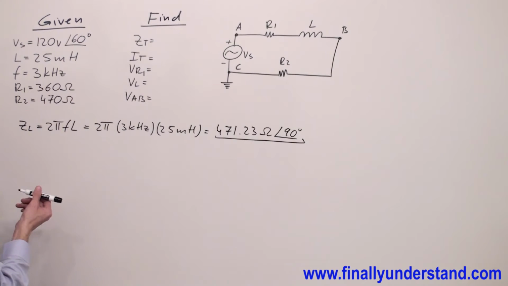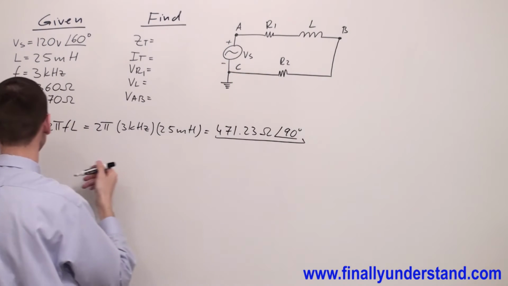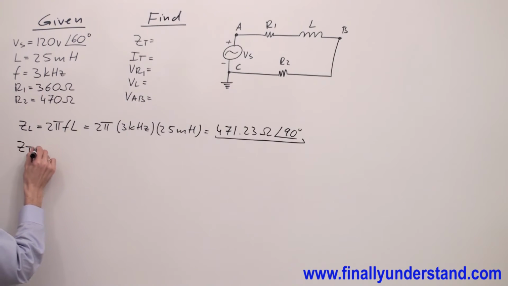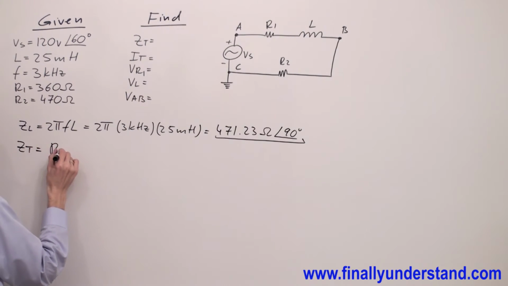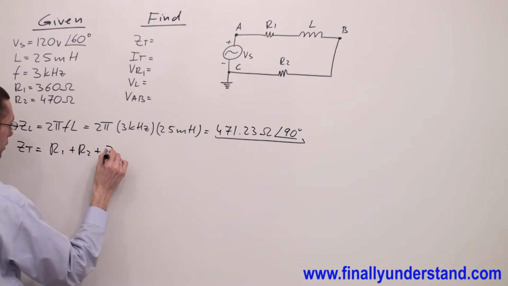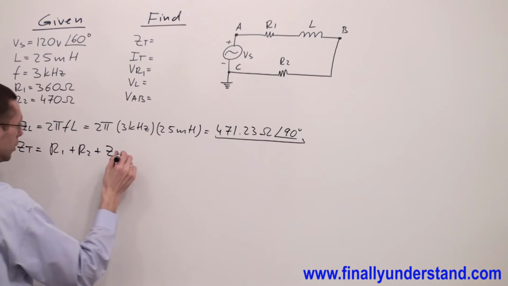Next, we can find Z total because we have two resistors given and we found the impedance of the inductor. You're supposed to write the formula. Z total is equal to R1 plus R2 plus ZL. We're supposed to add them up because this is a series circuit.